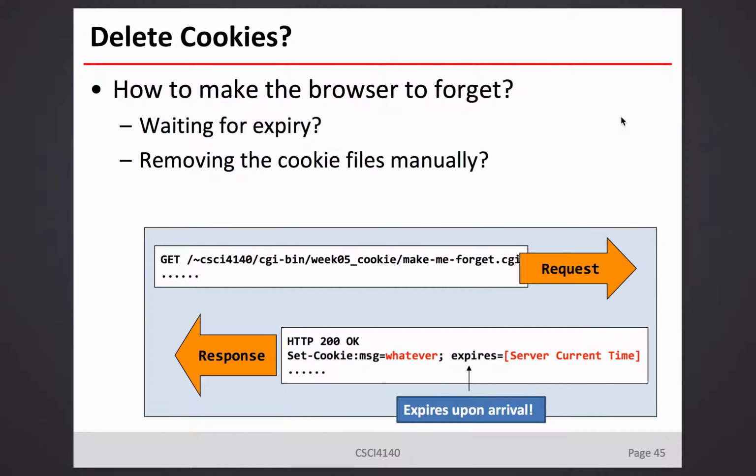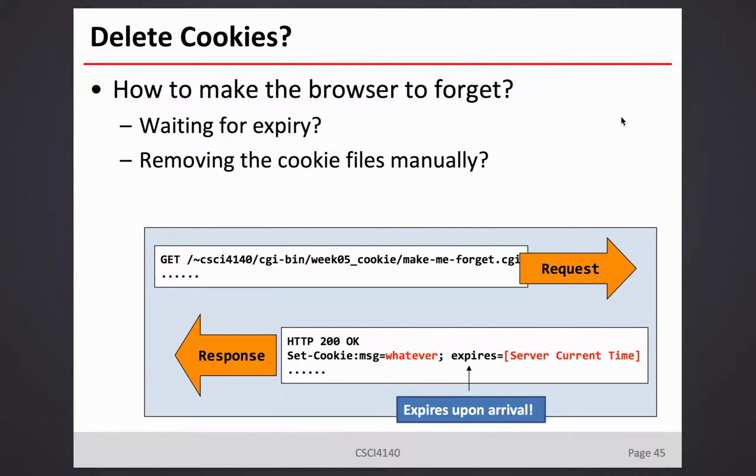So to make the browser forget your cookies, it's very simple. How to do it? Let's say you send a request to the server with a particular CGI program and call it make me forget. Of course, there are other parameters that I didn't show here. The server, again, is stateless, so you don't need to remember anything.